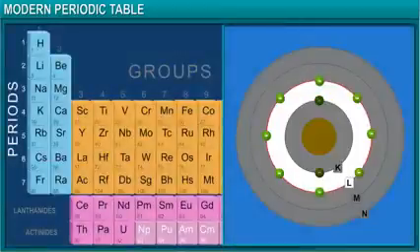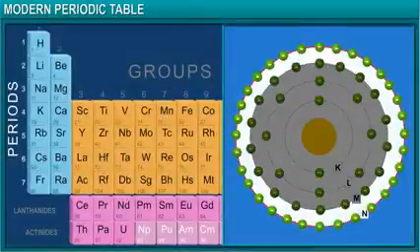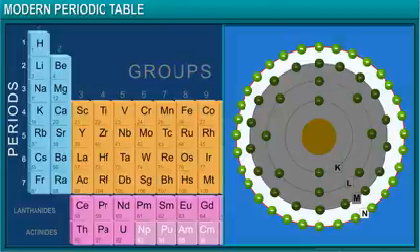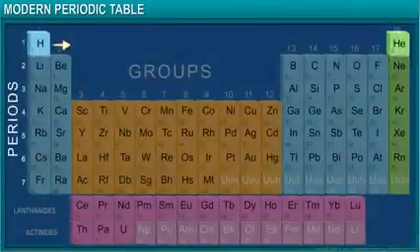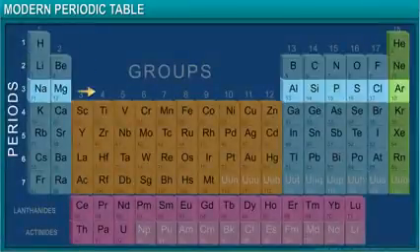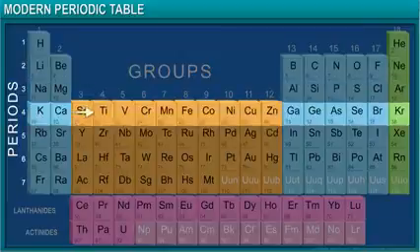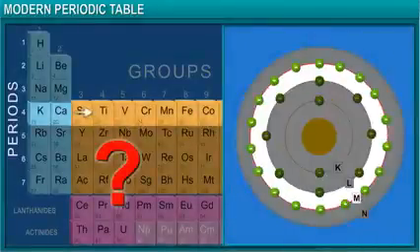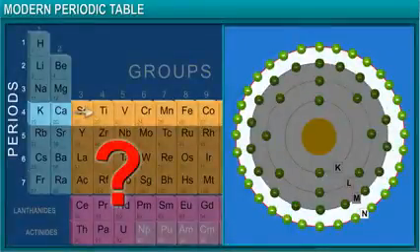In each period, a new electronic shell gets filled. Let us see how many elements are present in different periods. For example, first, second, third, and fourth periods. This can be explained on the basis of how many electrons are filled in various shells.